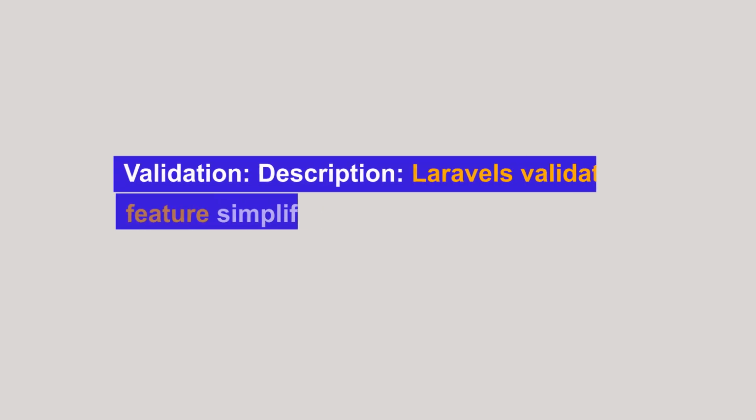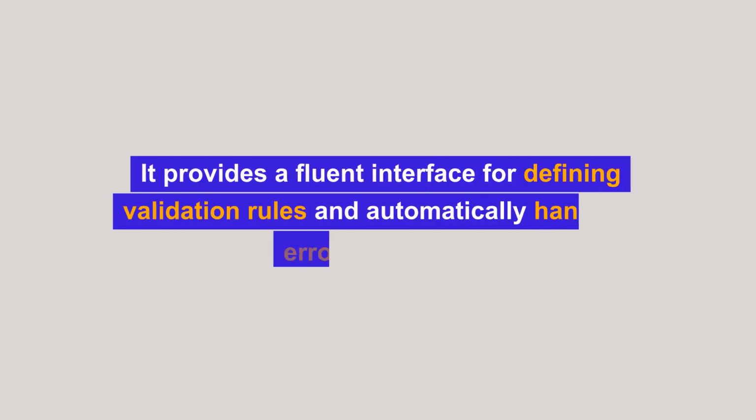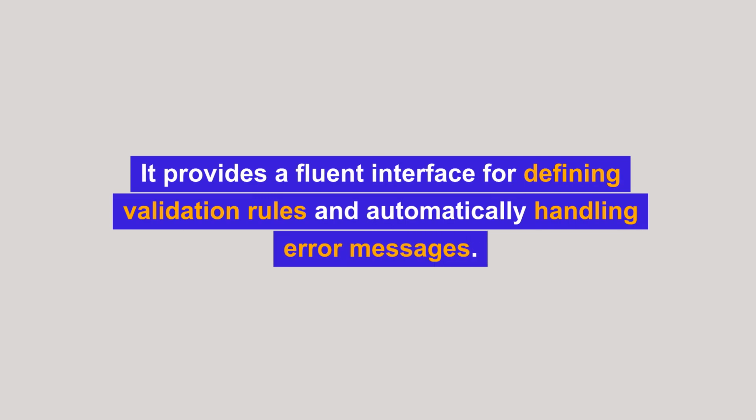Number 10. Validation. Description: Laravel's validation feature simplifies the process of validating incoming HTTP request data. It provides a fluent interface for defining validation rules and automatically handling error messages.